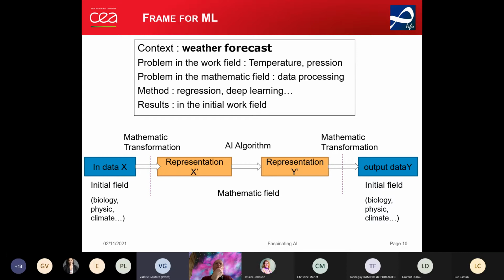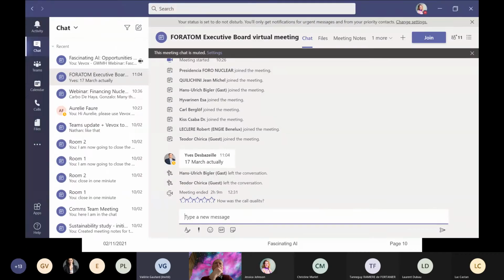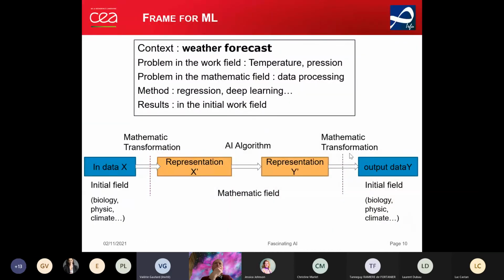You have the data in the field of your topic, for example, biology, physics, climate, or whatever you want. You must translate the data into the mathematical field. Then you choose a method. You have a lot of methods. We will see later.